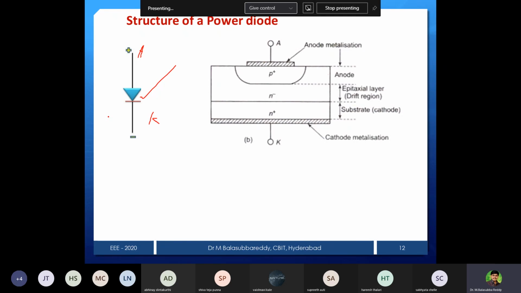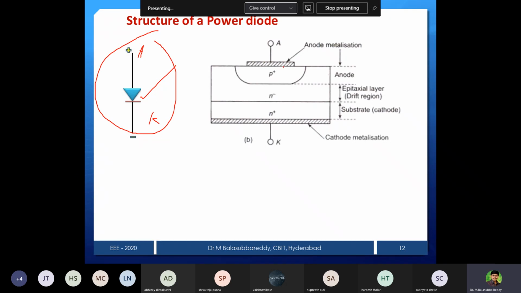An SCR must first be forward biased, which is always required to trigger the SCR. So the anode being positive with respect to the cathode is only forward bias in the case of an SCR, but it is not the conducting state. To conduct we require a gate pulse, a current or a voltage. Whereas here you can see that it directly conducts.